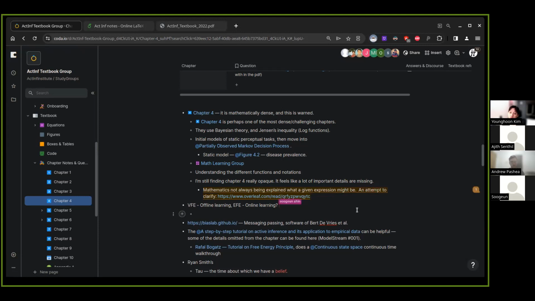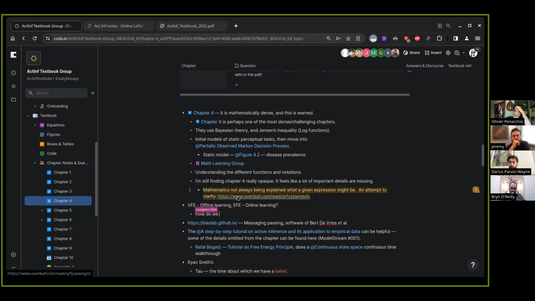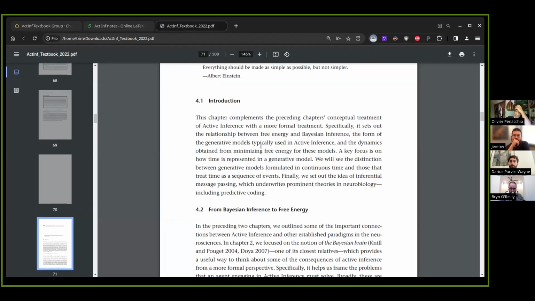I think what might be useful for me and perhaps others is getting a bit more clarity on exactly how we define the generative model in active inference. On one side, as expressed in this chapter, it comprises the prior and the likelihood term in Bayes' equation.